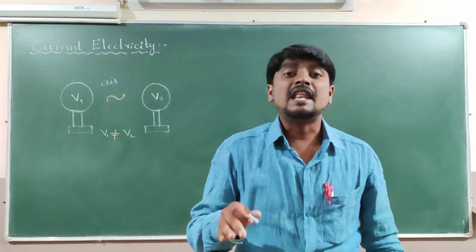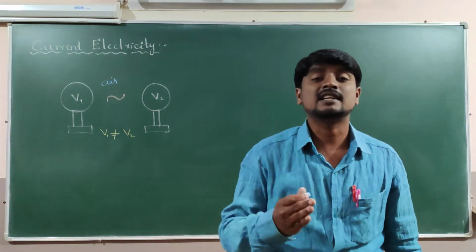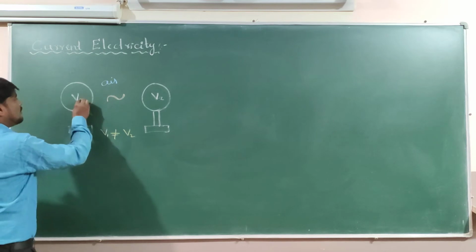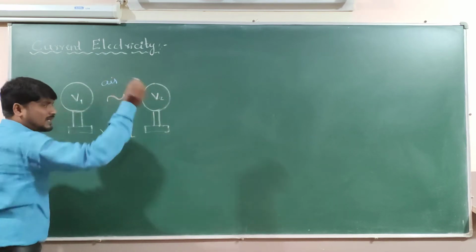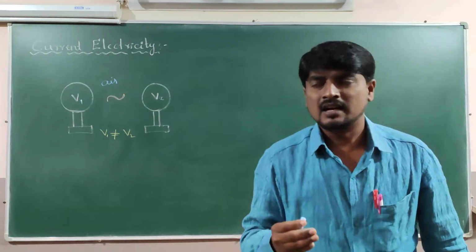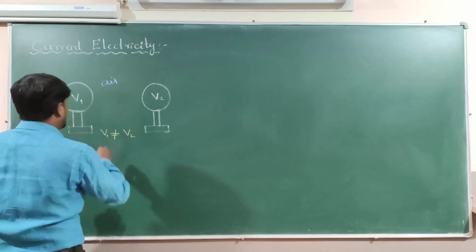In that, air also acts as a dielectric. Air is a dielectric and it acts as an insulator. So that means there is no flow of charges from one metal sphere to another or vice versa. Then, I join these 2 metal spheres by a bridge, by connecting them.